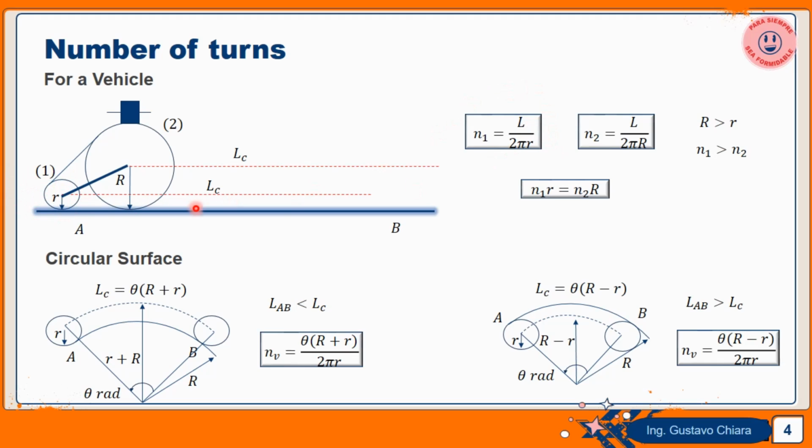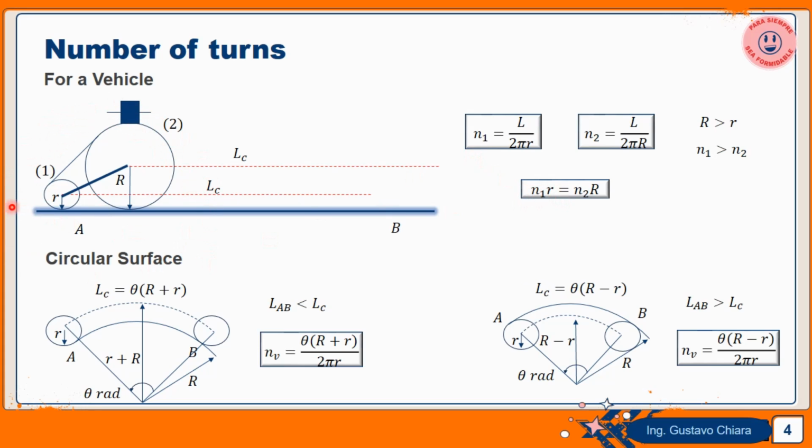On the other side, the number of turns of wheel 2 is equal to the same length divided by 2πr. Obviously one r is much bigger than the other, so the number of turns of one is more than the other. So we get this formula that relates both wheels: the number of turns of wheel 1 multiplied by its radius is equal to the number of turns of wheel 2 multiplied by its radius.